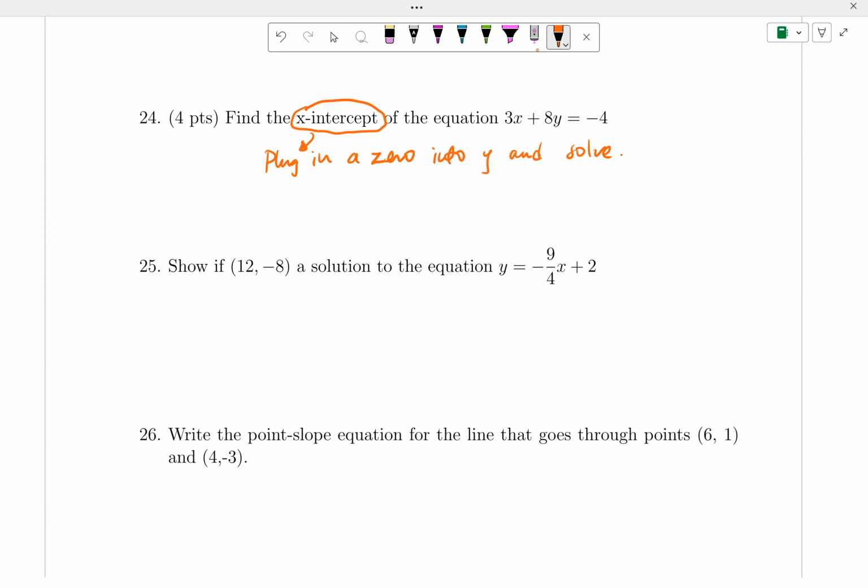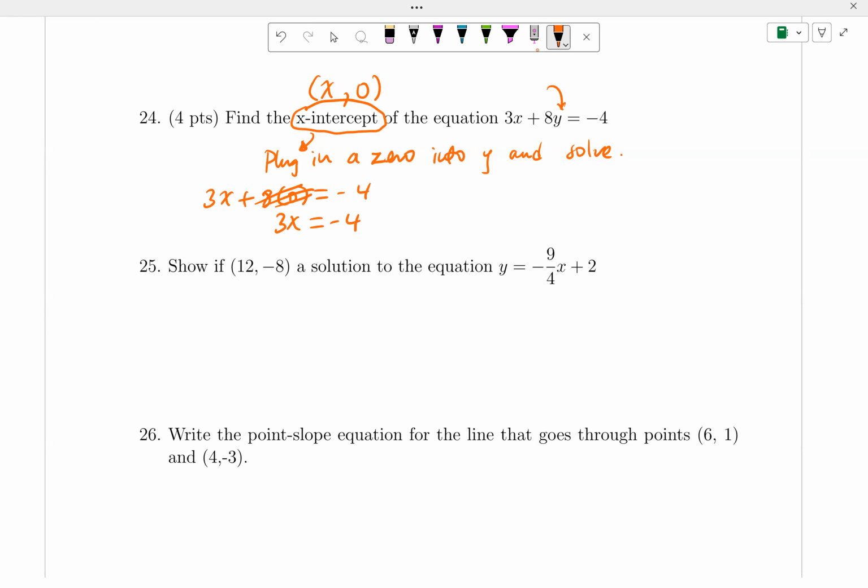So that's literally it. And when you write this answer, just kind of think of it this way. It's going to be some x value and the y will be a 0. So let's actually plug in a 0 here into this y. So it'll be 3x plus 8 times 0 equals -4. Well, this 8 times 0 is just a 0, so I'm going to cross that out.